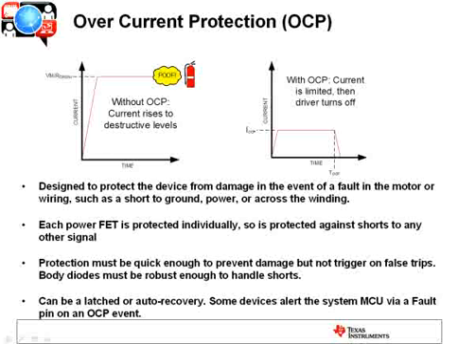The trick there is to have a protection circuitry that can trigger fast enough to prevent any type of damage, but also be intelligent enough to not trip on false trips. The body diodes also have got to be robust enough to handle the shorts. You don't want the body diodes breaking down and the device being destroyed because the body diodes can't handle it.